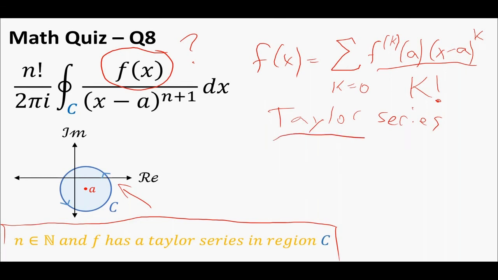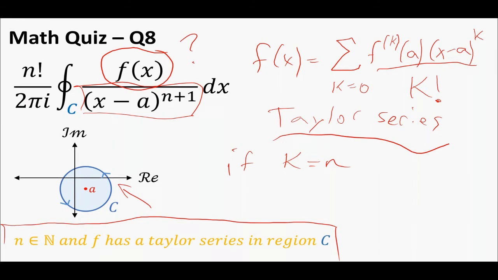This is the Taylor series, and as you can see, if we let k equal n, you'll have an n up here and an n plus 1 on the bottom, and that will be the term that pops out a number other than 0.